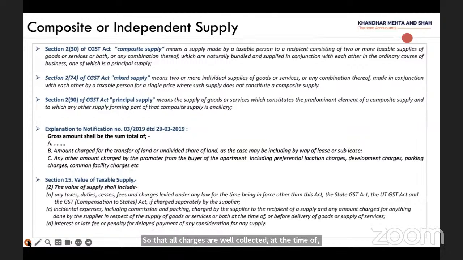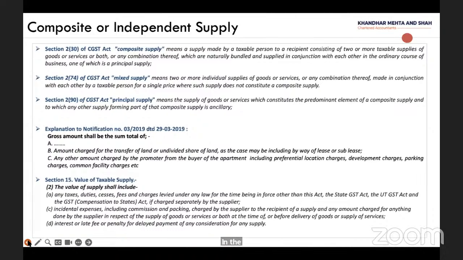For that, we need to understand the concepts of composite supply, mixed supply, and principal supply, and the definition of gross amount that has been referred to in notification 3/2019.